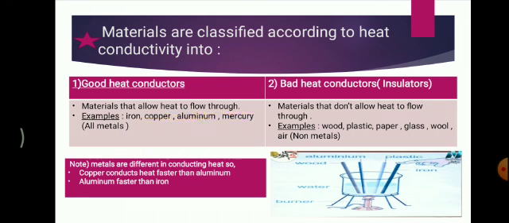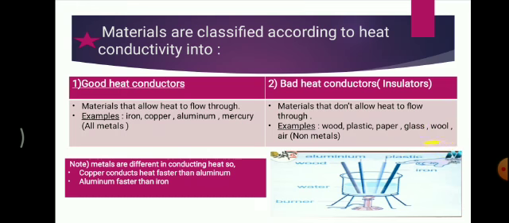What about bad heat conductors, known as insulators? What is the meaning of bad conductors? They are materials that don't allow heat to flow through. Like what? Like wood, plastic, paper, glass, and wool.